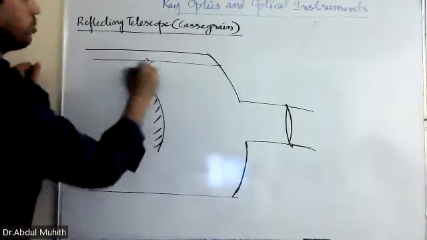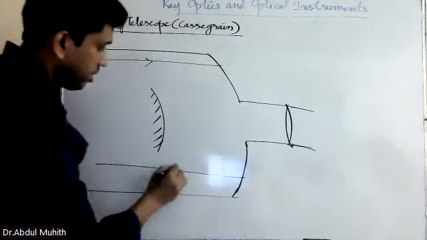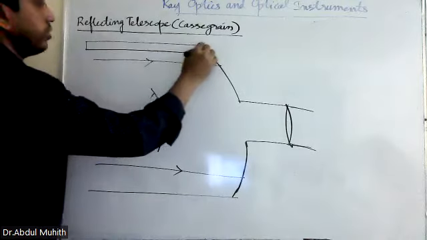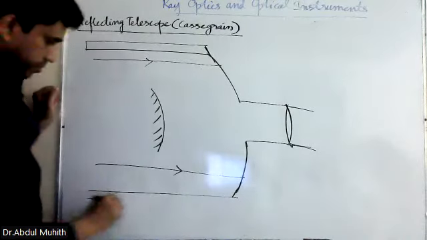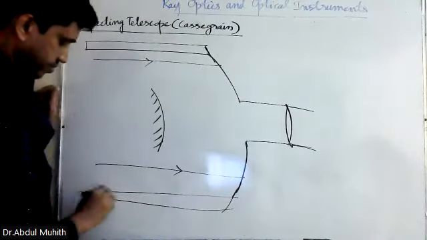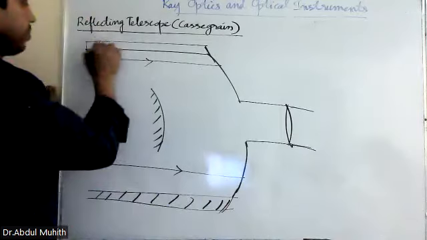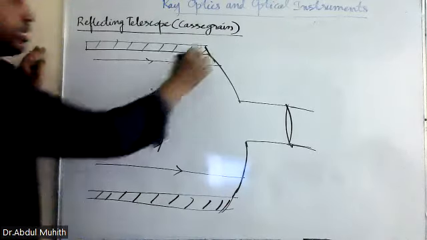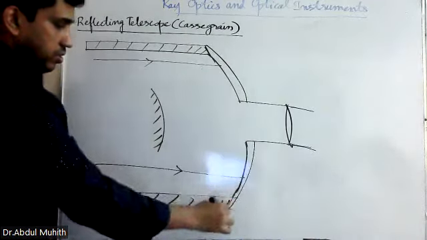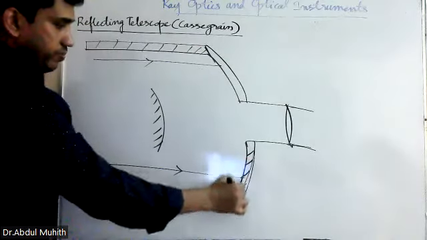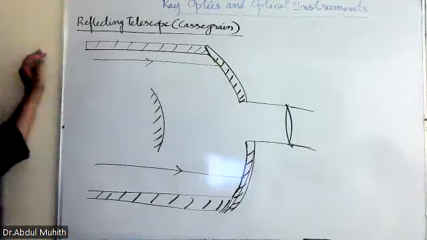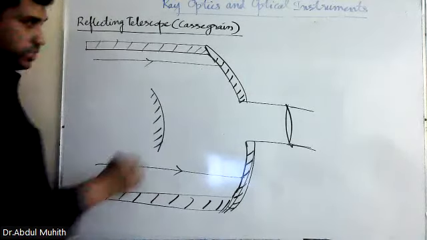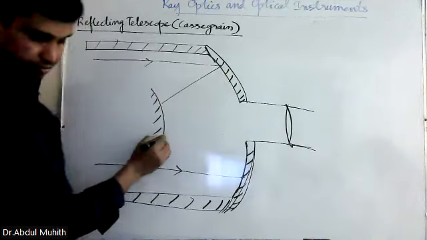Now a ray which is parallel to the principal axis. Let me just finish off the diagram. The rays are coming from far away, from space. The rays are coming from a far distance. Now there are rays incident on the mirror. After incidence, they reflect.